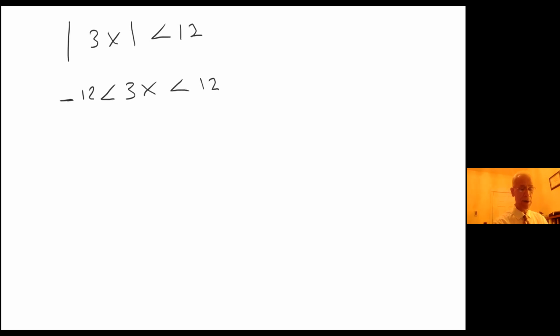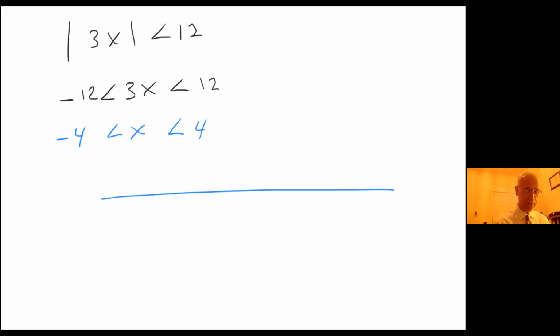Now if I divide all three sides of this inequality by 3, I would get -4 in here, I would get x in here, and 12 by 3 is 4. So now this time, the -4 is not included. I'm going to use parentheses. And +4 is not included, so I'm going to use parentheses.